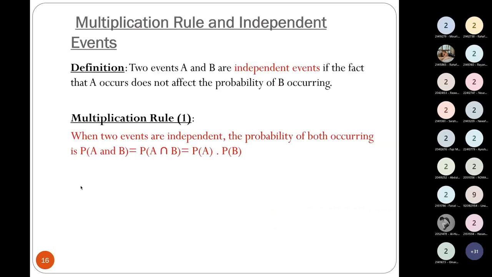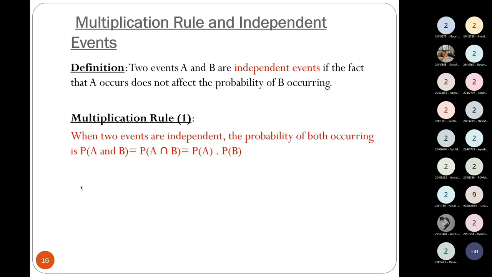Independent event. Events are independent if the fact that A occurs does not affect the probability of B. If A appears and this is dependent on the second experiment or event B, then they are dependent.